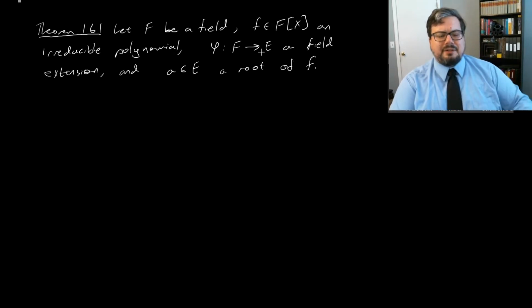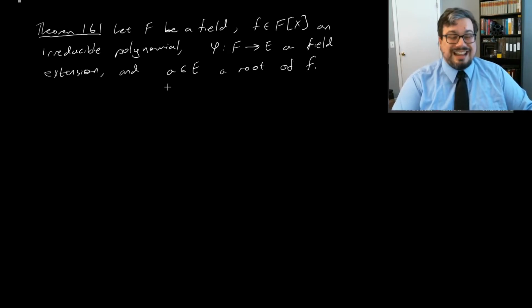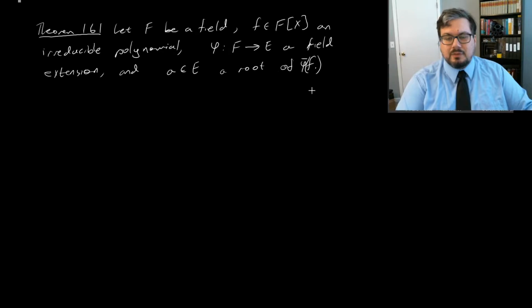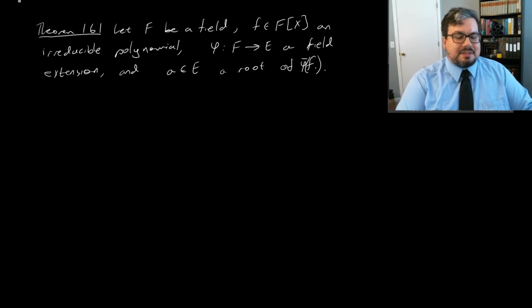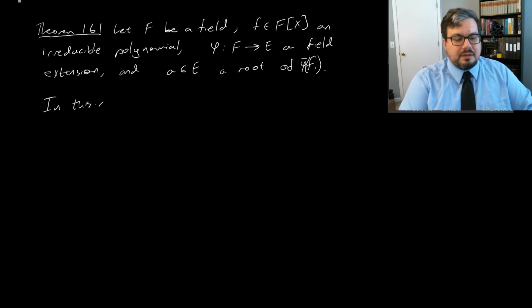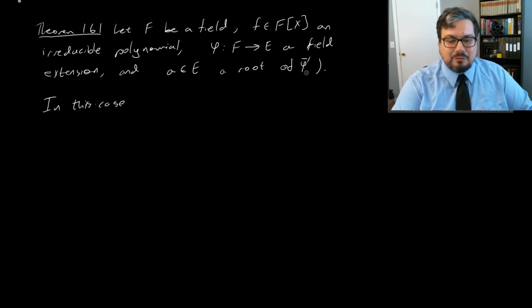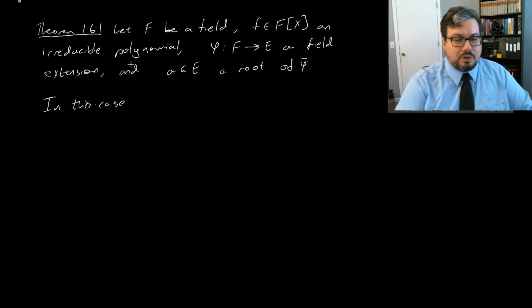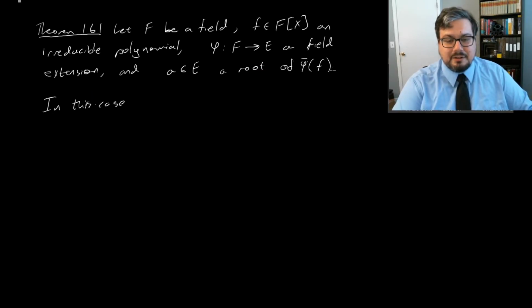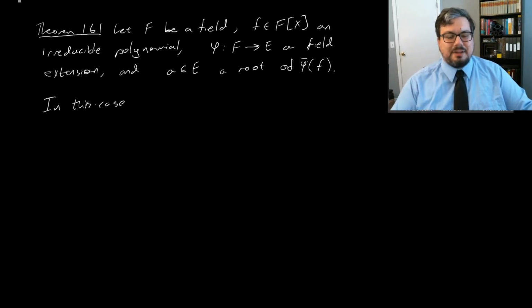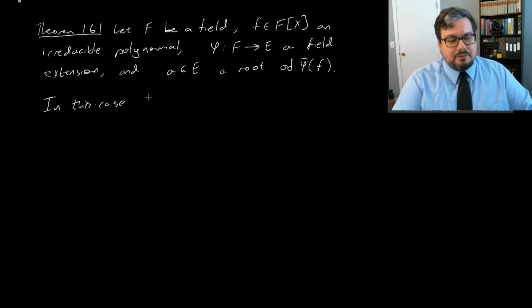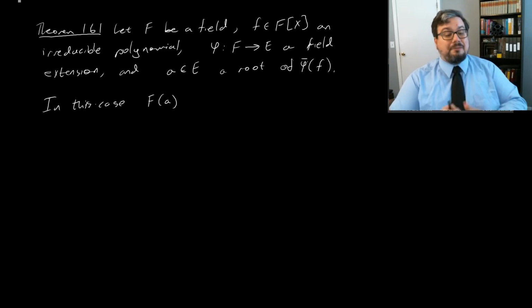So phi going from F to E is a field extension containing some root of, or sorry, a root of phi bar of f, to be precise. So if this is the case, then we have two different fields that we can construct which contain a root of f, or a root of phi bar of f under their respective phis. On the one hand, we have F of a.